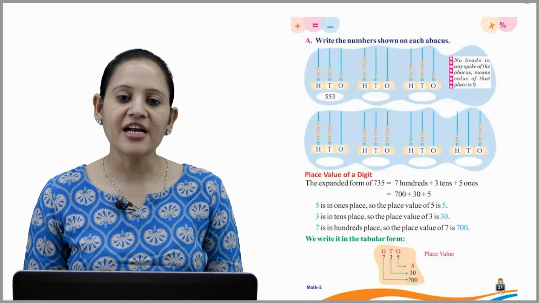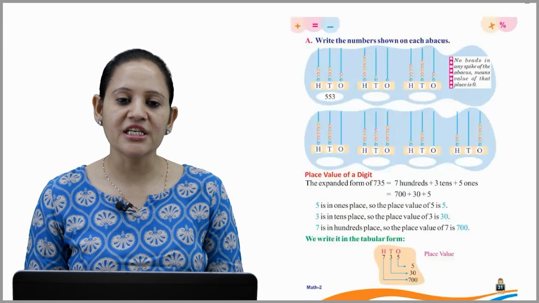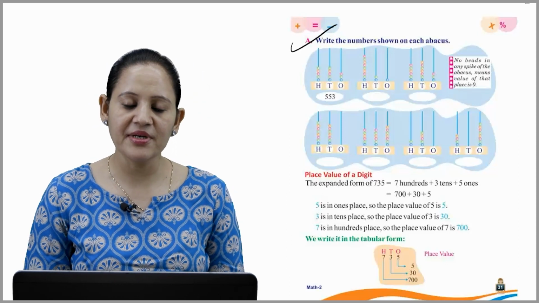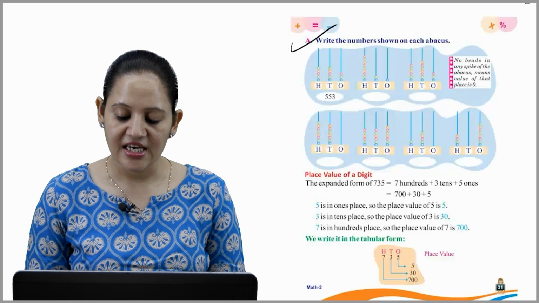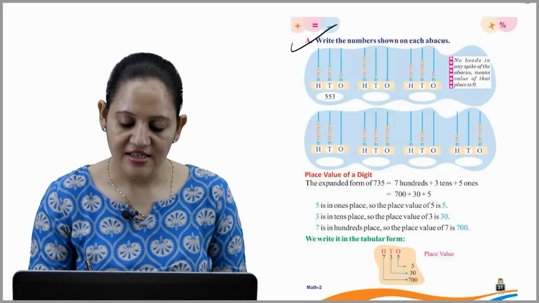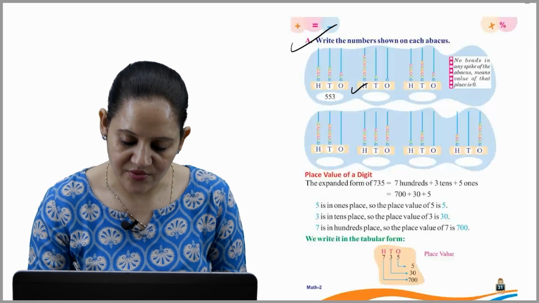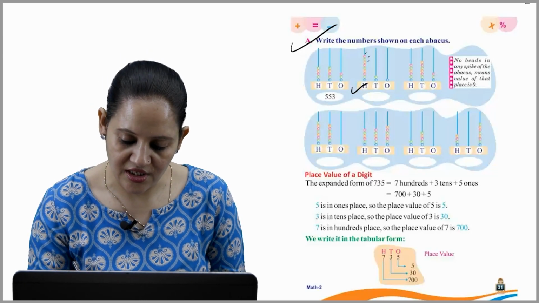Next is, write the number shown on each abacus. The first one is given, the number is 553. Next, how many beads are placed at 100? We'll count the number of beads: 1, 2, 3, 4, 5, 6, 7, 8, 9 beads.